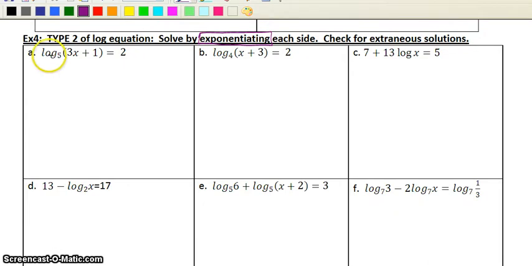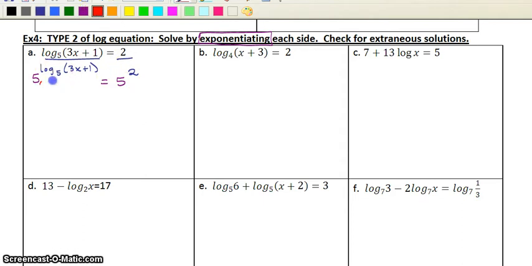In order to get rid of a log base 5, what I can do is I can take both of these as powers of 5, and what I mean is both sides. So I took the left side as an exponent of 5, and I took the right side as an exponent of 5.